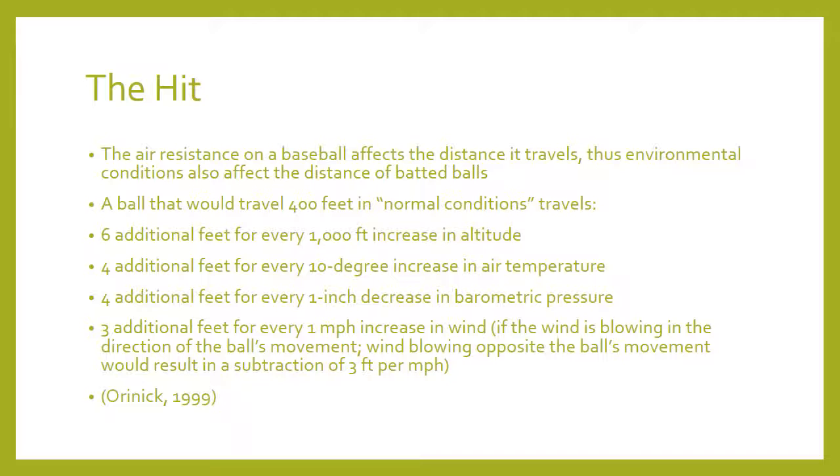It travels 4 additional feet for a 1-inch decrease in barometric pressure. And if the wind is blowing in the direction of the ball, it travels 3 additional feet for every 1 mile per hour increase in wind. If the wind is blowing against the direction the ball is traveling, you lose 3 feet per mile per hour.